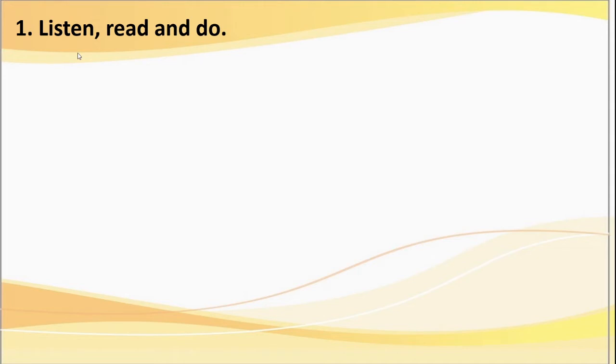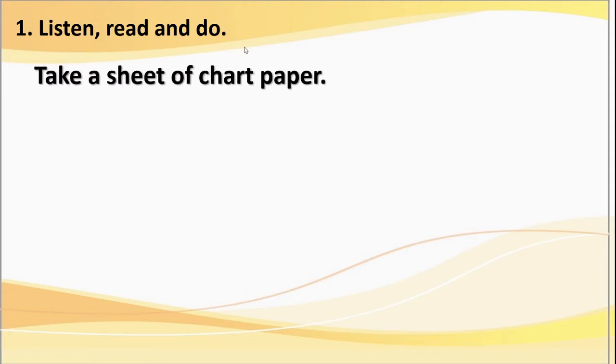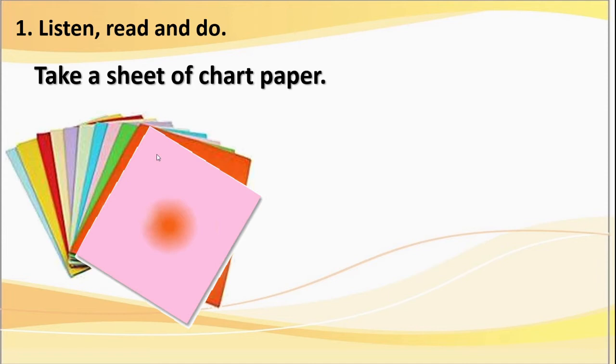Yes, dear children, we have to listen to whatever is written here, read it, and act like that. Okay, first one, take a sheet of chart paper. See these? These are called chart papers. They are a little thick.